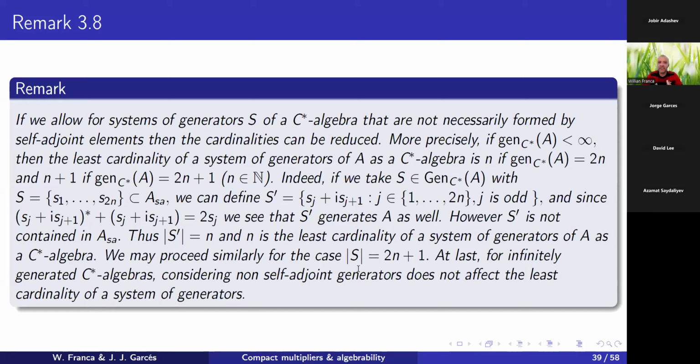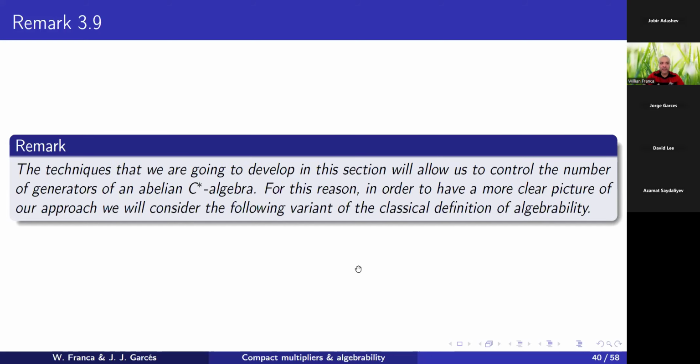So the question is, what's the problem? The problem is going to come in the sequence, because if we don't make the assumption that the generators are all self-adjoint, we are going to lose the next result.